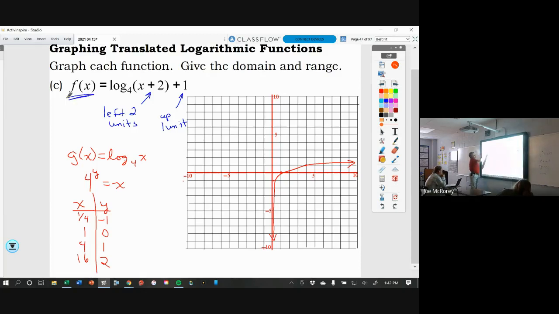Okay. And now we're going to go ahead and do our translations on each of those points. Left 2, up 1. Where is our asymptote? 2 units to the left, -2. Everything moving in 2 units to the left, that means the asymptote went left with it.